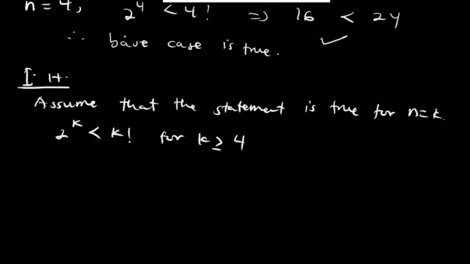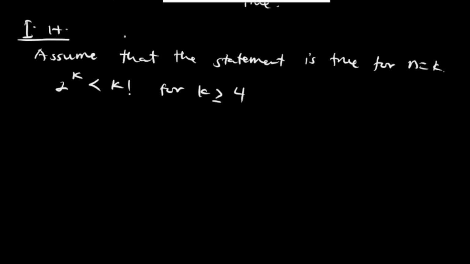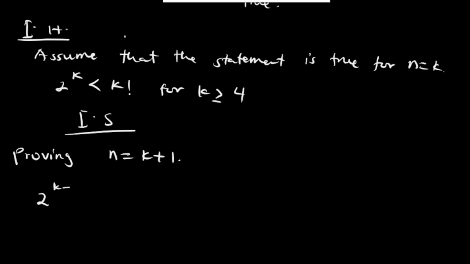And this, as you have here, is true. Then we quickly move to the inductive step, where we are proving for n is equal to k plus 1. At this point, wherever I see k, I put k plus 1. So 2 to the power k plus 1 is less than k plus 1 bracket factorial.